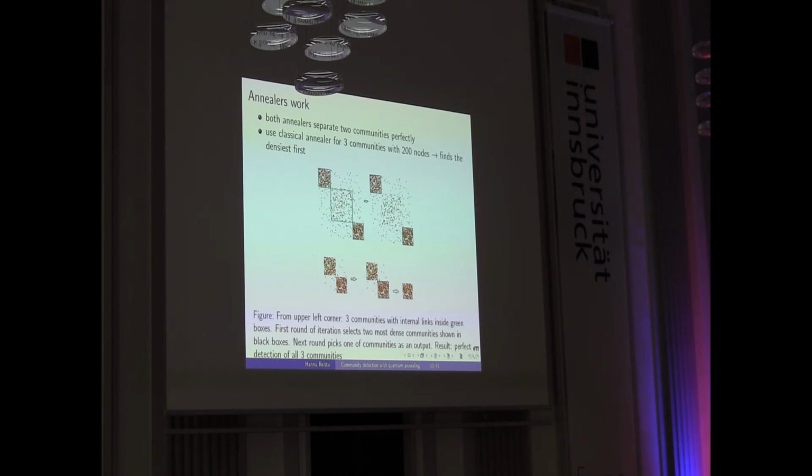So these are the three communities. One is sparser and two are more dense. So at the first step, it took as an arg-min these denser communities. And then if you apply arg-min L to this, you find the one community. So again, 100% correct answer. By the way, for the case of two communities, I have a kind of proof, at least a sketch of proof, that this should work correctly.